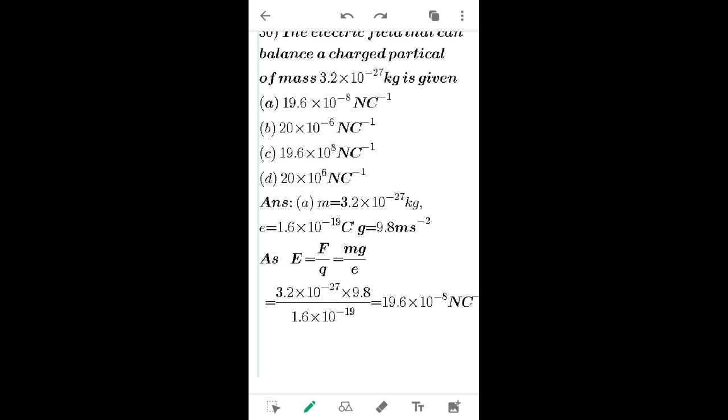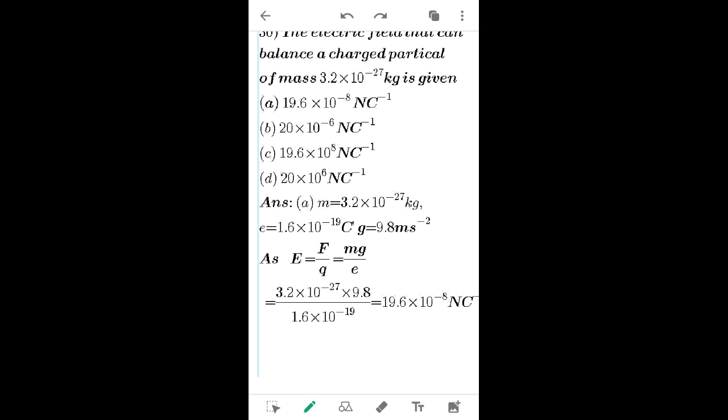The mass of the charged particle is given, 3.2 into 10 raised to minus 27 kg. Charge of the electron is 1.6 into 10 raised to minus 19 coulomb. Acceleration due to gravity is 9.8. So electric field equals F upon Q. When there is balancing and there is mass, you have to take the gravitational force, which according to Newton's second law is M into G. So E is M into G by Q. Mass is given, you know the acceleration due to gravity, divided by the charge.